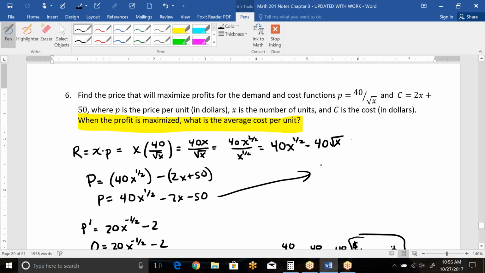This sort of looks like a quadratic, since we have a power that's 1/2 and this power is 1, so we could rewrite it as negative 2x plus 40x to the 1/2 minus 50. To be able to call something quadratic, the first exponent has to be cut in half to make the second exponent, so that makes it quadratic-like.